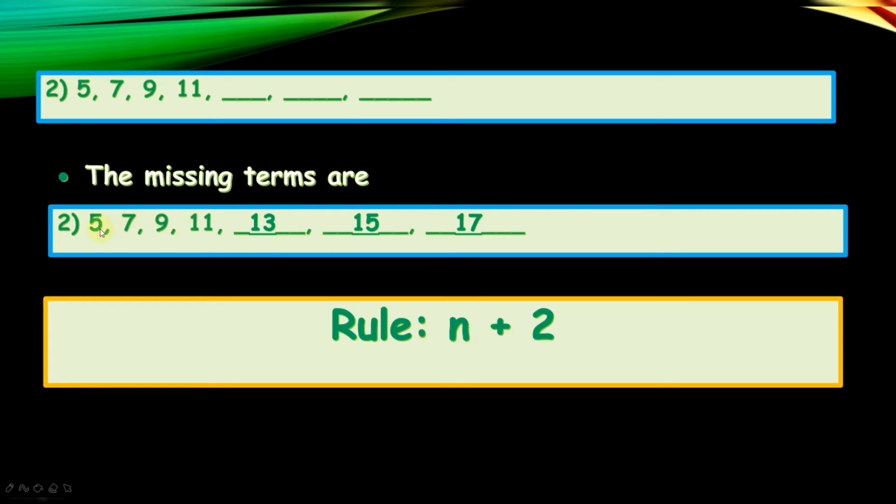So 5 plus 2 equals 7. 7 plus 2 equals 9. 9 plus 2 equals 11. 11 plus 2 equals 13. 13 plus 2 equals 15. 15 plus 2 equals 17. So that is the solution.